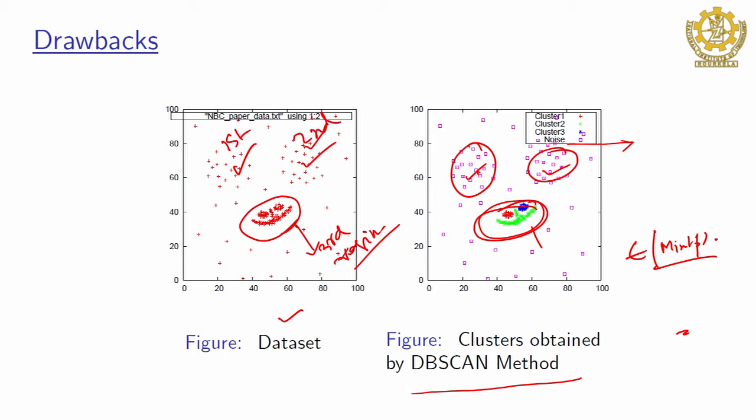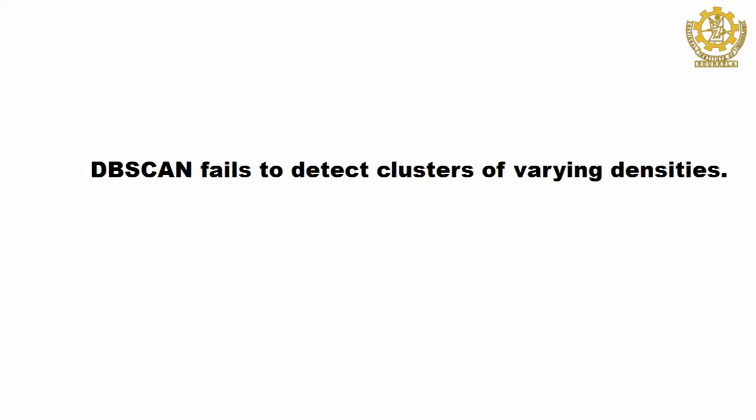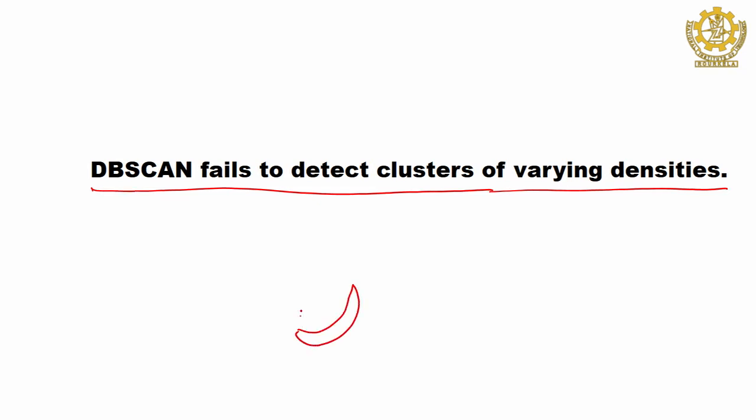That means if the data set has clusters with varying density, then DB-scan cannot work. Therefore, the major drawback of DB-scan is that it fails to detect clusters of varying densities. As in the last example, you have one cluster here, another cluster here, and within these 3 clusters the density also varies heavily. In that case DB-scan cannot work.